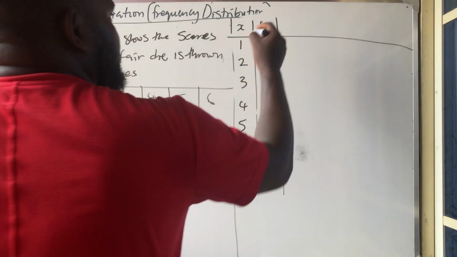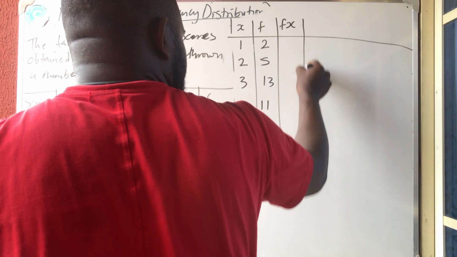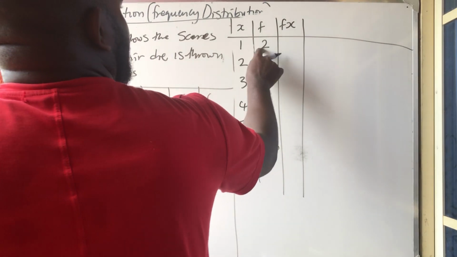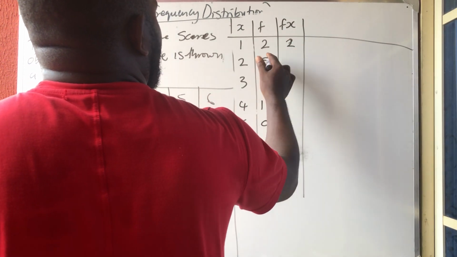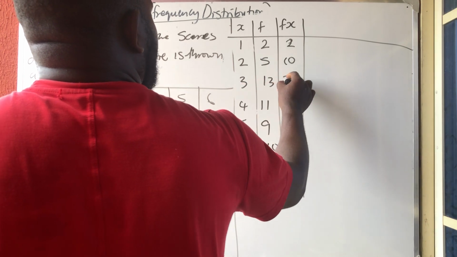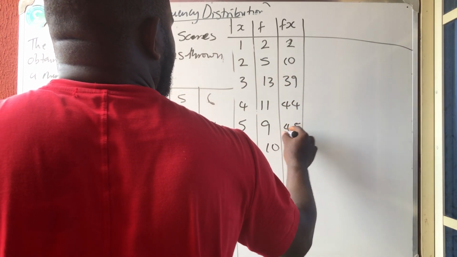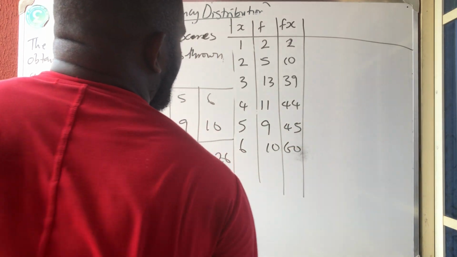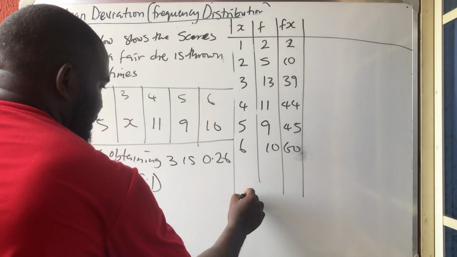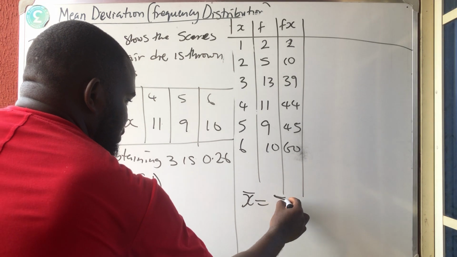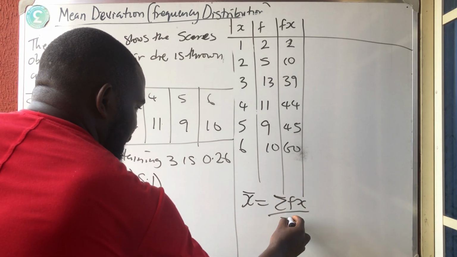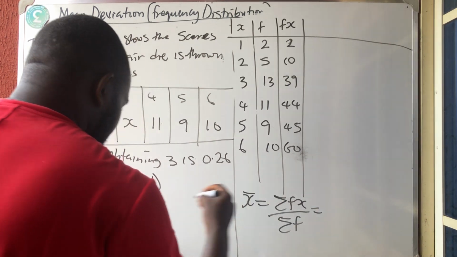So the next thing you need is your f of x so that you can calculate the mean. You need your f of x. This time this 2. This time this 10. This time this 39. This time this 44. This time this 45. This time this 60. So to calculate my mean, x bar is still summation f of x divided by summation f, which is what?